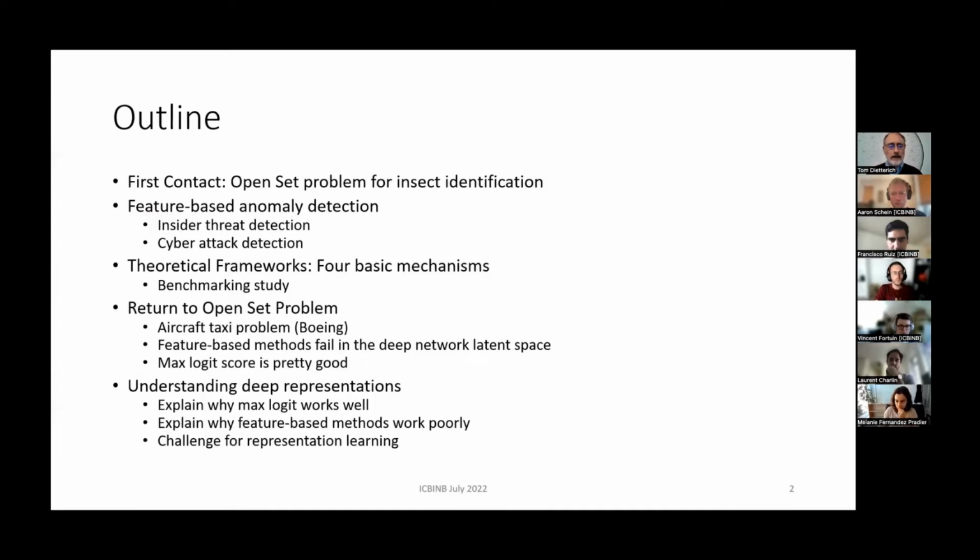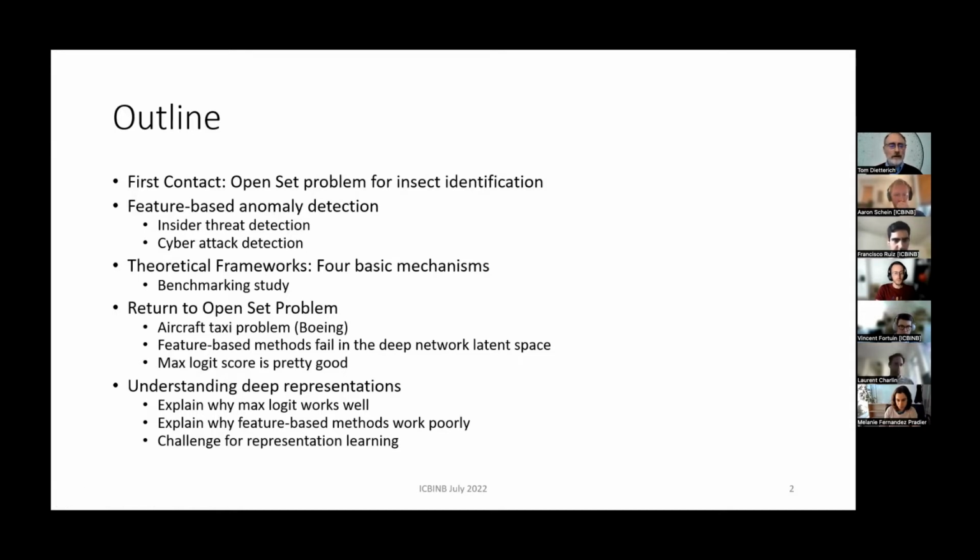The surprise is that when we tried to bring these feature-based methods into the larger computer vision community, not just my group, we found that they're not working particularly well. They're not terrible, but their performance has been disappointing. There's actually a very simple method, taking the max of the logits of a classifier, that is giving very good performance.